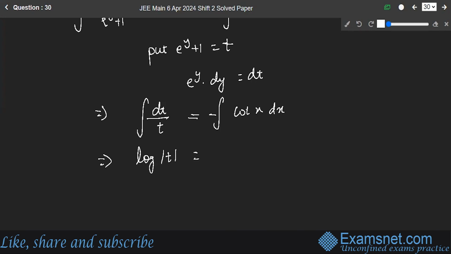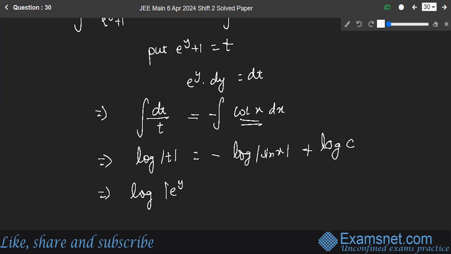And this is log of t, and cot x integral, this is minus log of sin x, because cot x is what? Cos upon sine, and cos is the derivative of sine. So this is log of sin x plus log of c. You have this t is e power y plus 1, and let's take this on the left hand side.